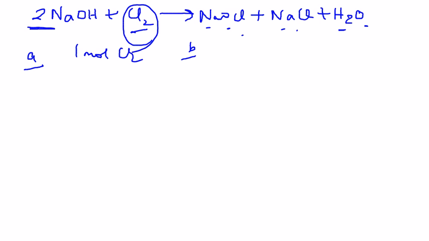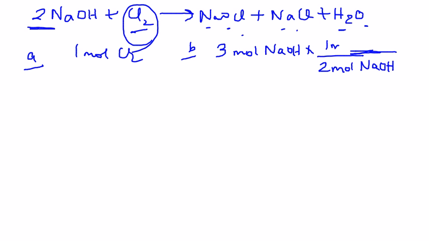The second question is, how many moles of chlorine are needed to react with 3 moles of sodium hydroxide? So of course, now we have a relationship. Essentially, we have 3 moles of NaOH, and according to the stoichiometry, I know that 2 moles of NaOH reacts with 1 mole of chlorine.